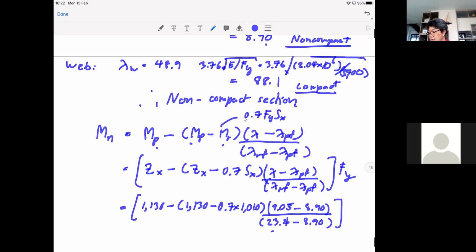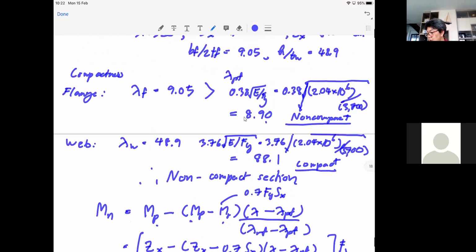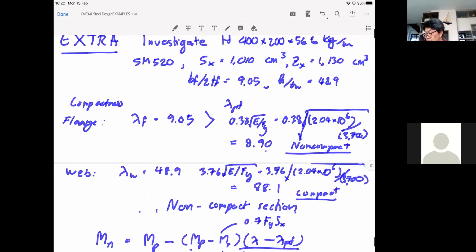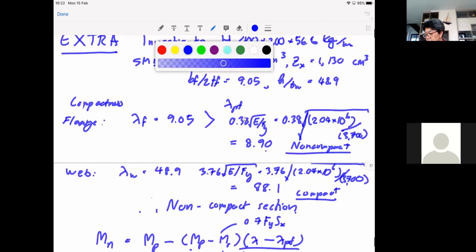So this 23.4 is in fact, because when you have this situation, you should check your lambda RF as well, and I forgot. So my apologies. Let me fill it in here.